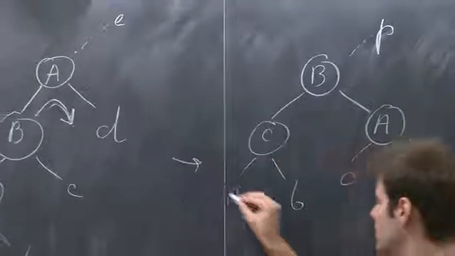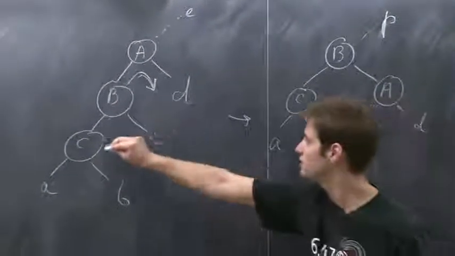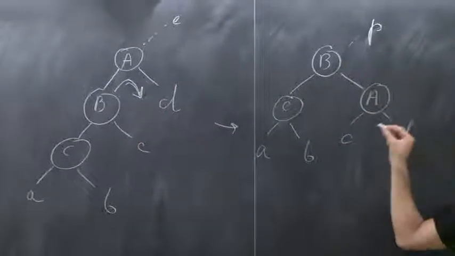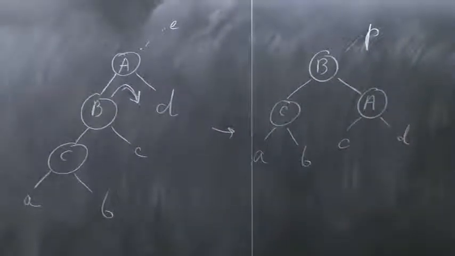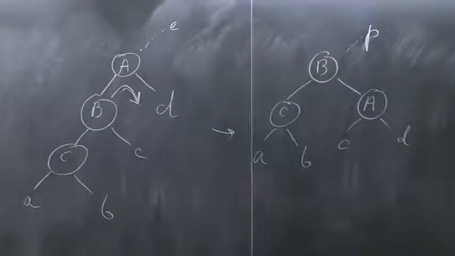These guys show up in the same order as children, and these guys show up in the same order. So search will still work. So this is how it's supposed to look as a picture. Let's try to write the pseudocode for achieving this.